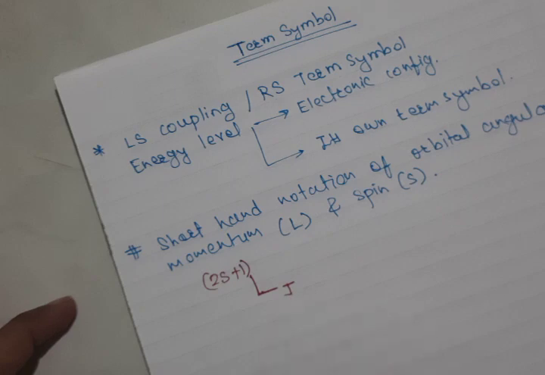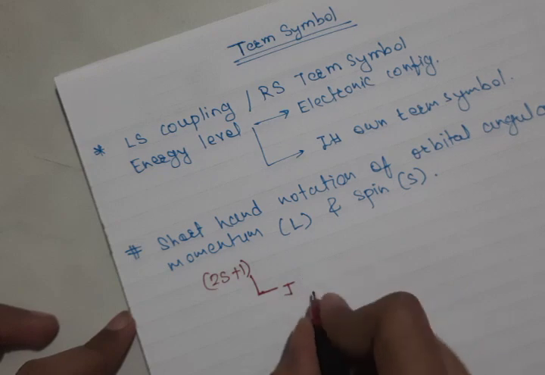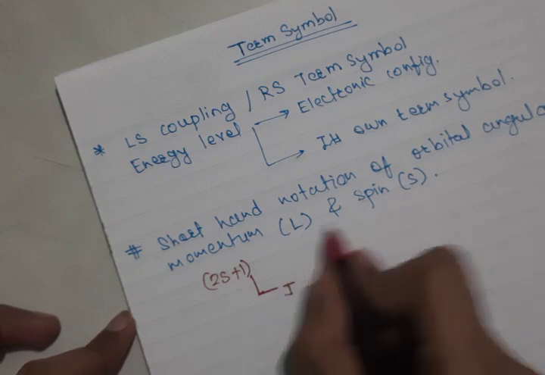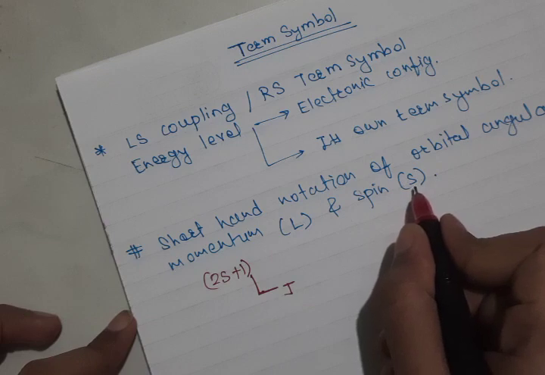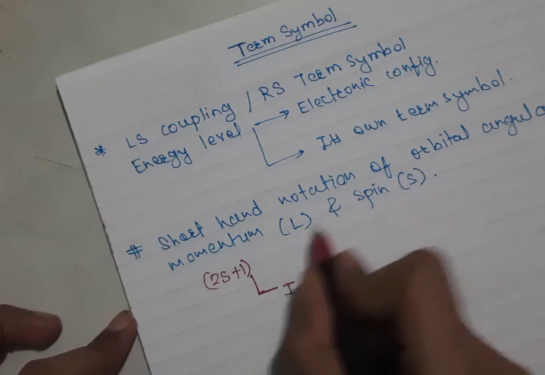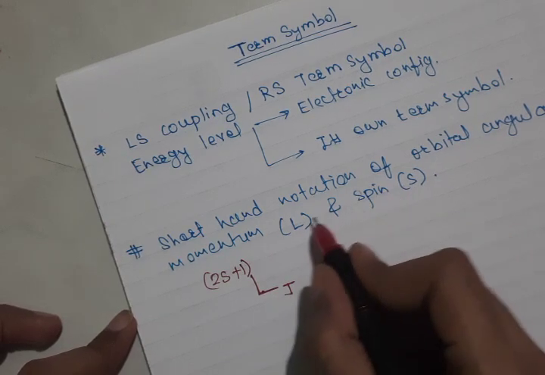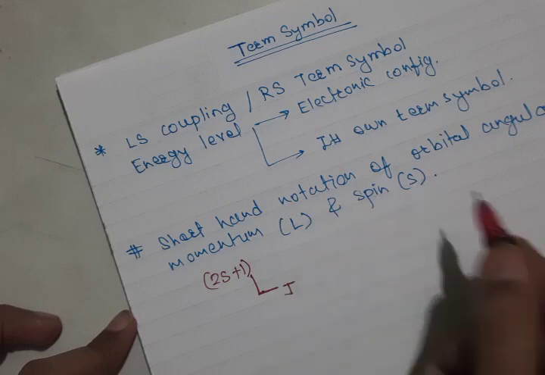This J stands for the mixing of orbital angular momentum and spin quantum number. This is a combination of both quantum numbers L and S.